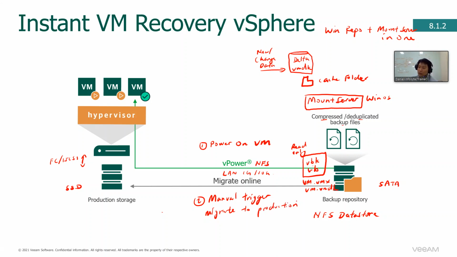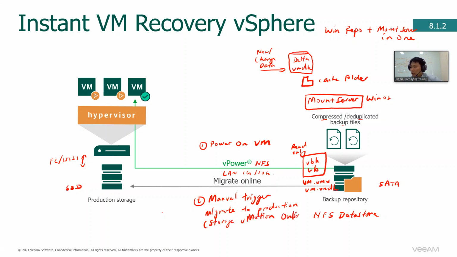Okay. Now, when I trigger migrate to production, only then will the data start to move from your backup infrastructure back to the production environment. So over here, I will be using storage vMotion.